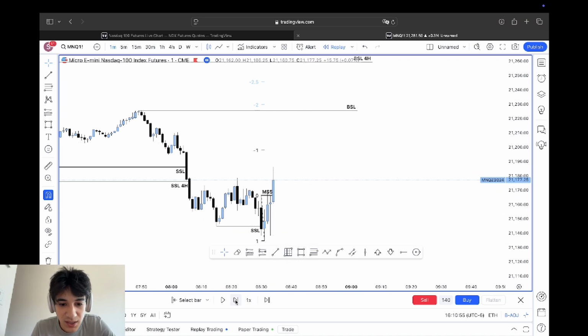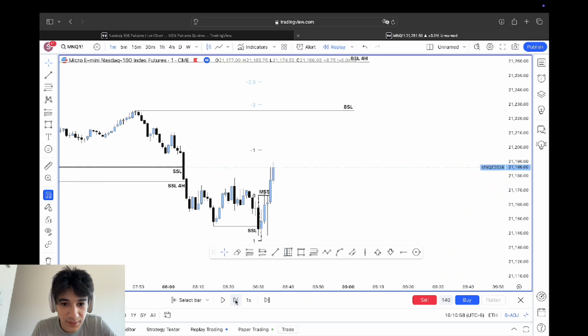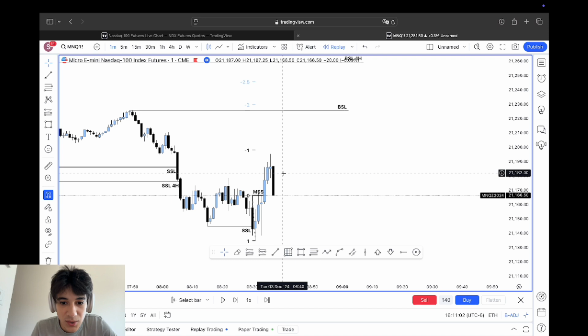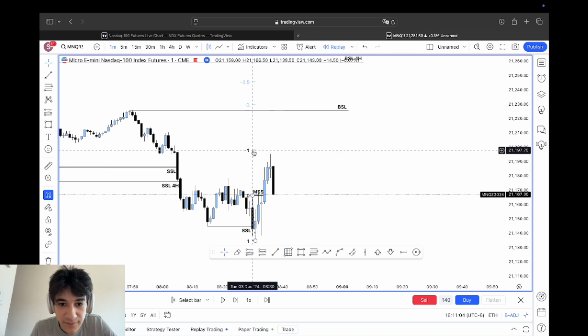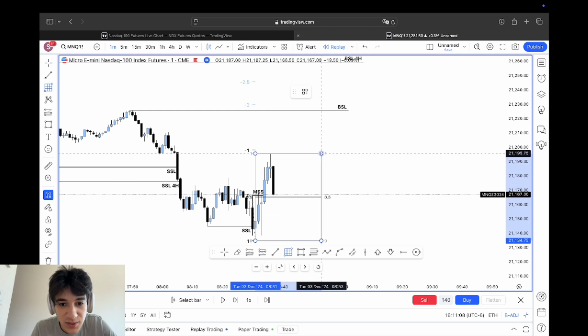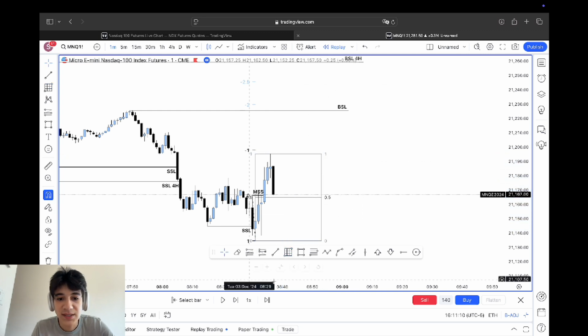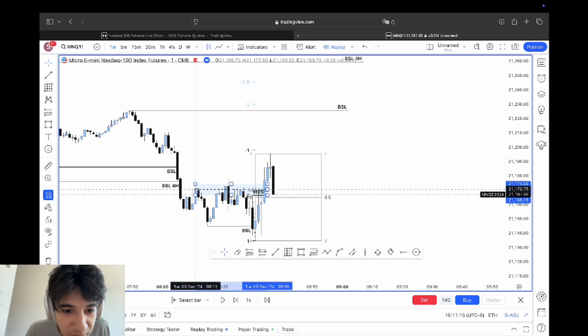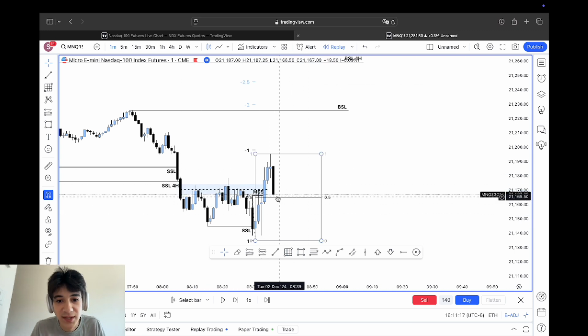We also see, boom, price expanded almost to this one range, and then we can see here that there's this BPR. There's this BPR range right here.